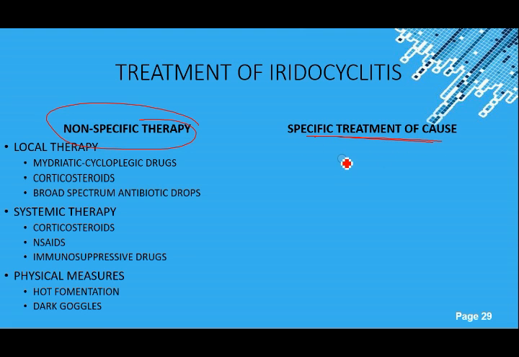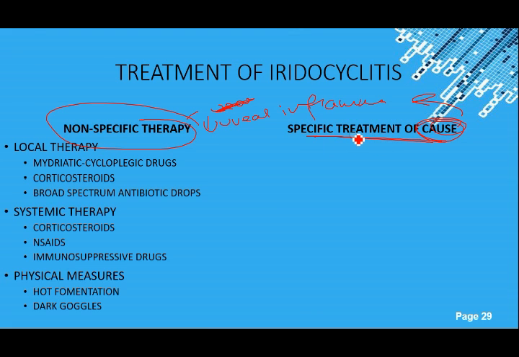Now I'll just talk about this very quickly. You need to treat. This non-specific therapy alone is not enough, because what does non-specific therapy do? It decreases uveal inflammation, but normally the cause is the one giving rise to the uveal inflammation.